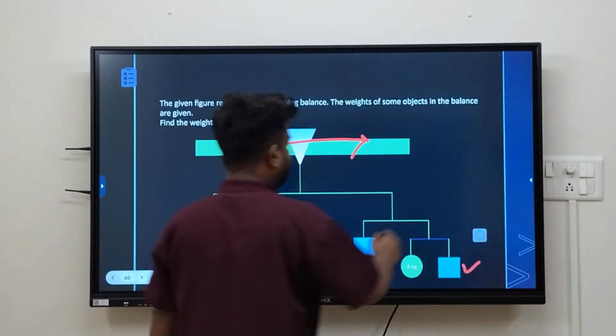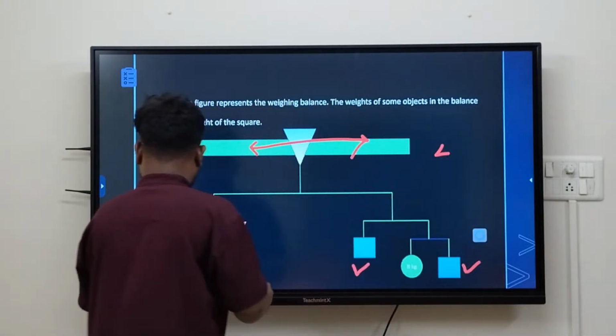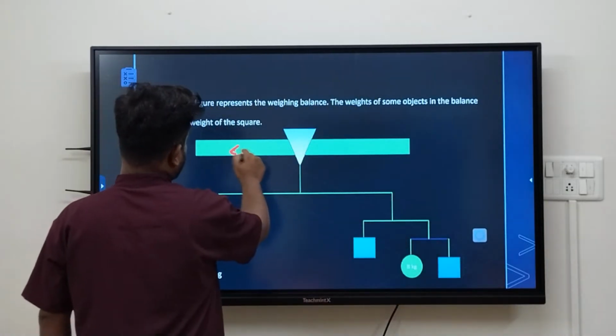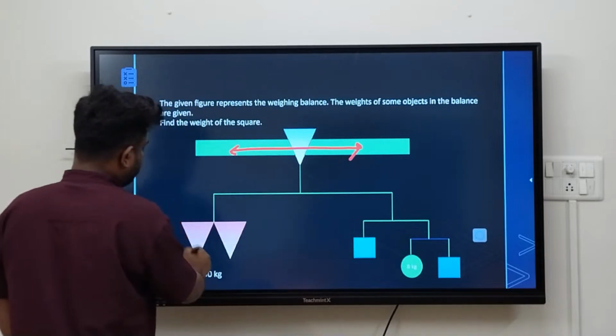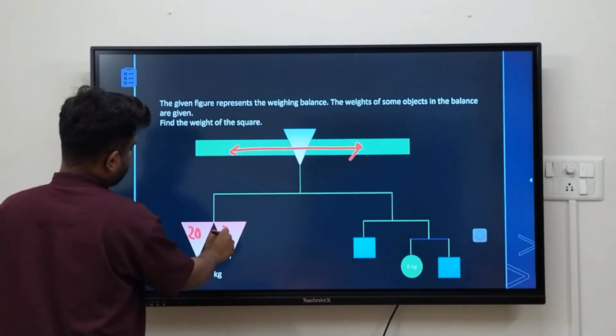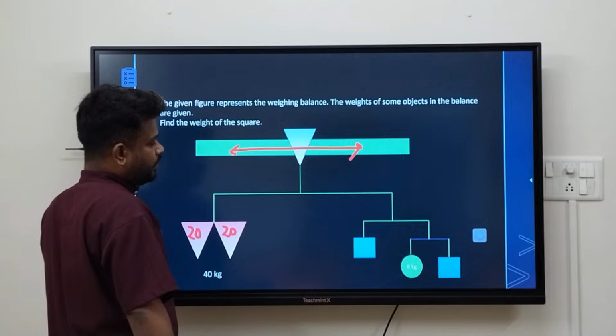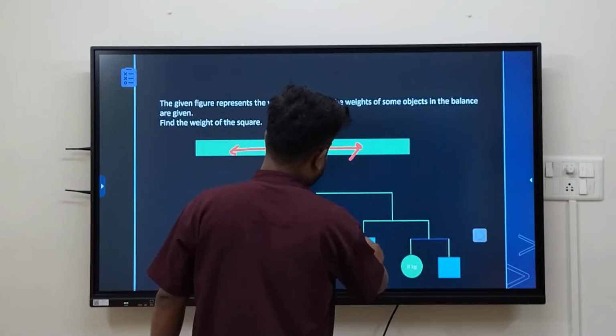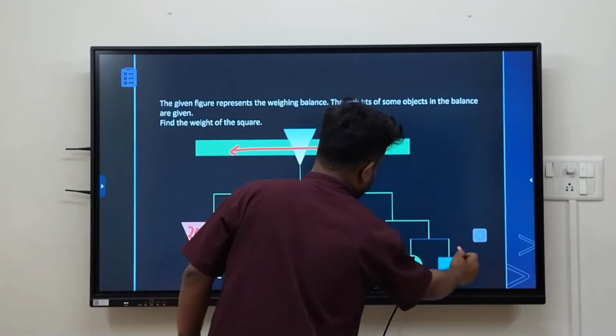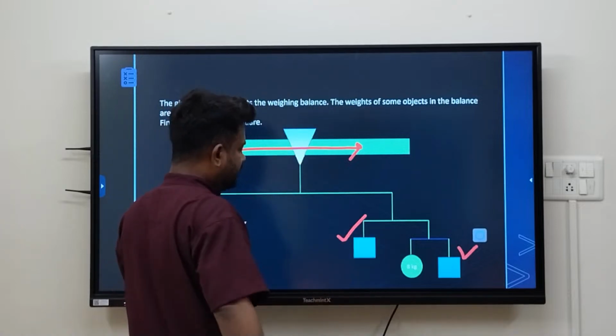Sorry, I made a mistake. So these together are 40 kgs, so it will be 20. And to make things work, they have to be similar.